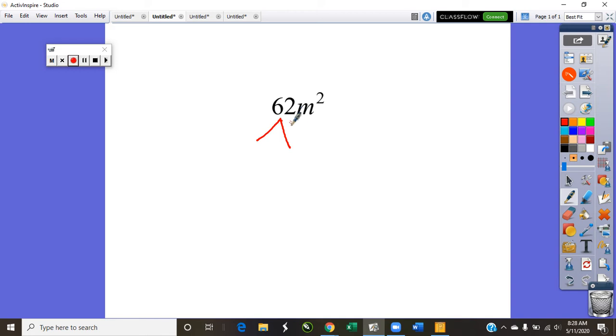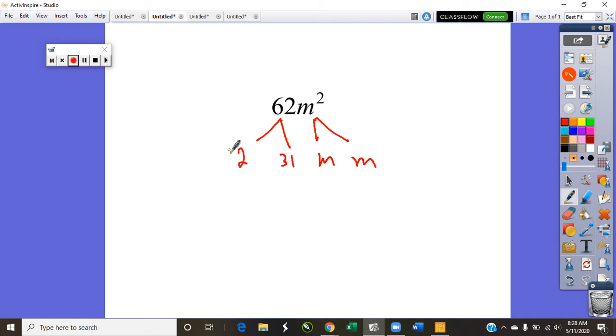Well, it's even, right? So I know there are 2 numbers I can multiply to get 62, and that would be 2 times what? 31. Now this m to the second means what? m times m.